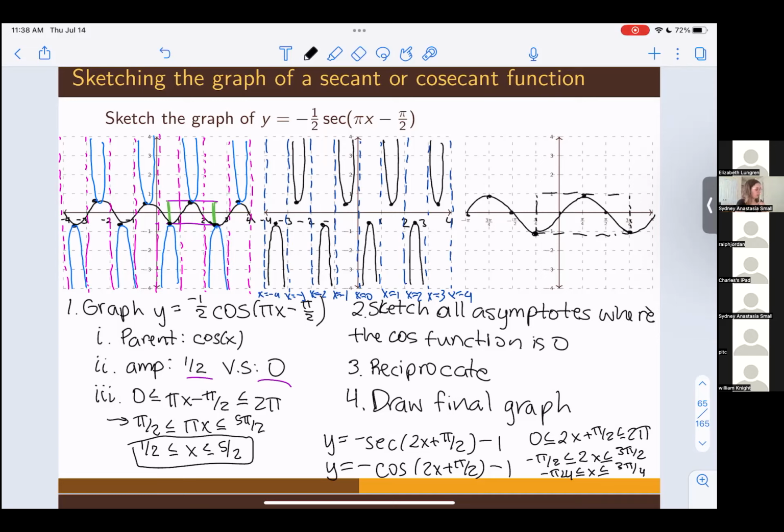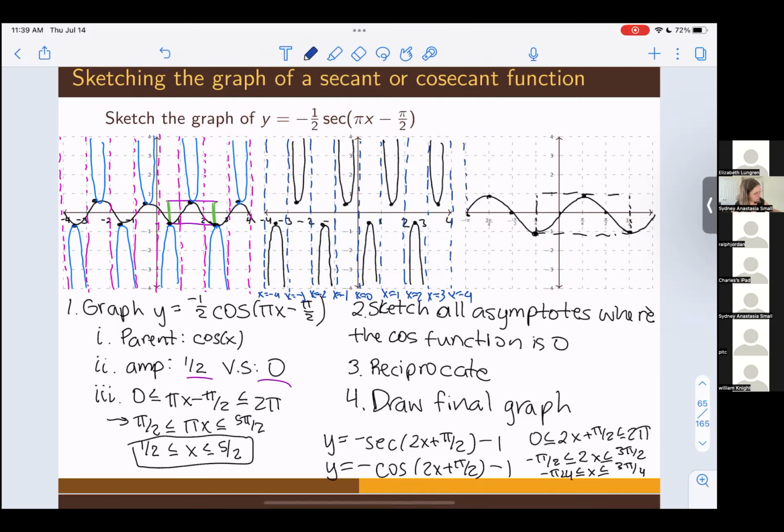But the key to converting this cosine graph into a secant graph is recognizing that at the zeros of the cosine graph, the secant graph, in other words, the graph of the reciprocal function, will have asymptotes. So every time this cosine function is 0, we will have vertical asymptotes on the secant graph.